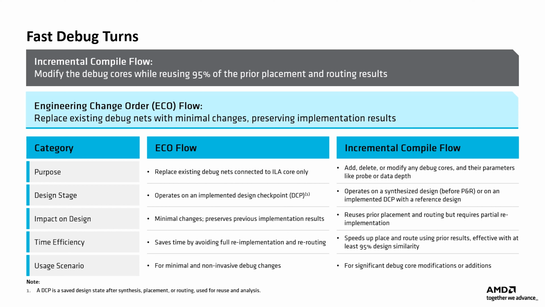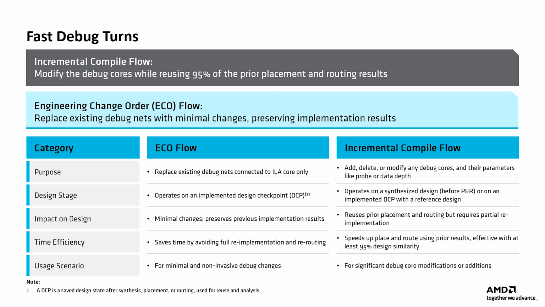It is ideal for significant debug modifications, such as adding, deleting, or altering debug cores, including their parameters like probes or data depth. This flow operates on a synthesized design or a design checkpoint, DCP, with a reference design. While it requires partial reimplementation, it speeds up place and route using prior results, making it time efficient as long as the design retains at least 95% similarity.